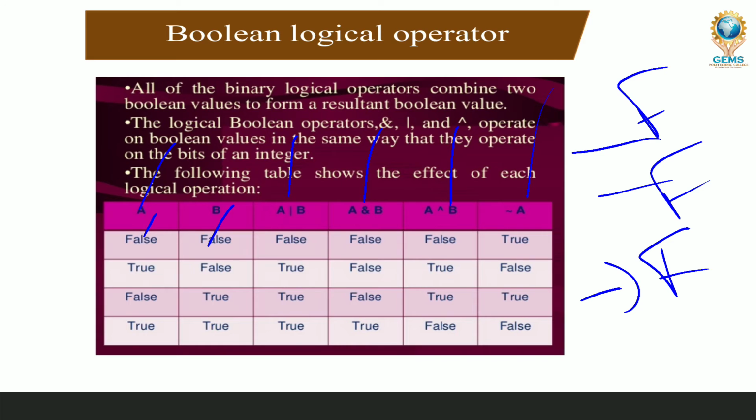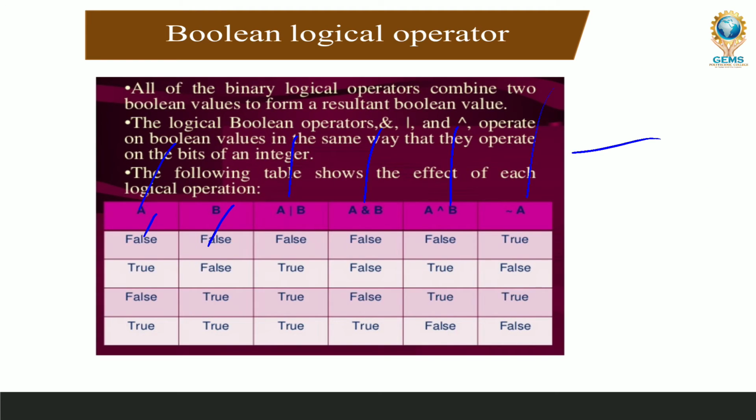Once again, A and B are both inputs; if both are false, the output is also false.